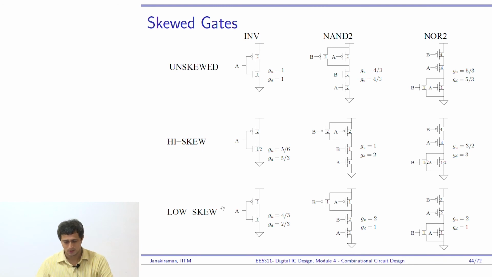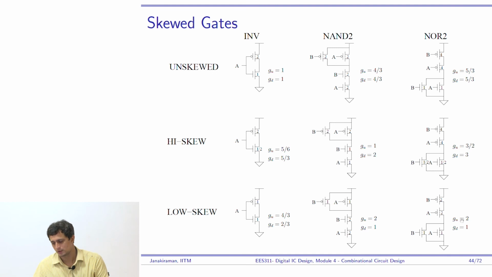Okay? So low skew again. The inverter we saw is 4 by 3, 2 by 3. The pull-up logical effort now has become 2. Pull-down logical effort has become 1. Okay, this is a low skew inverter. Remember, therefore the sizes are 2, 2, 1, 1. The PMOS has been compromised. Clear?